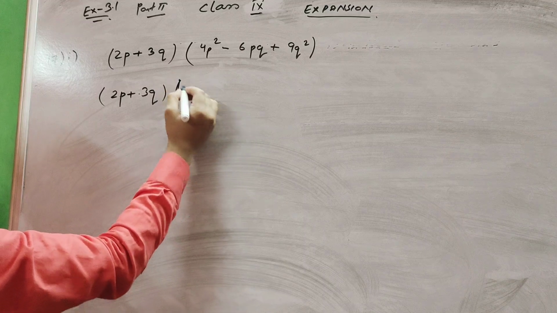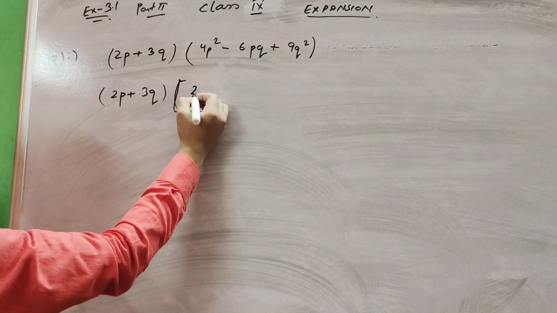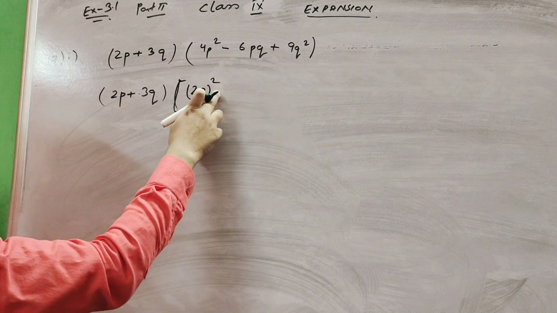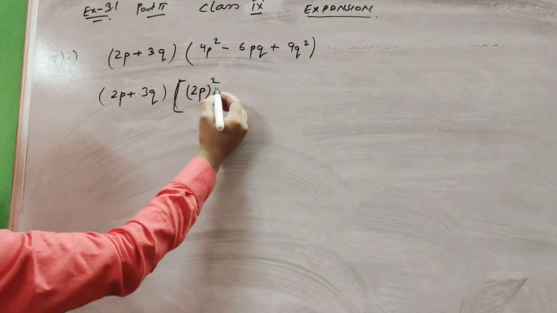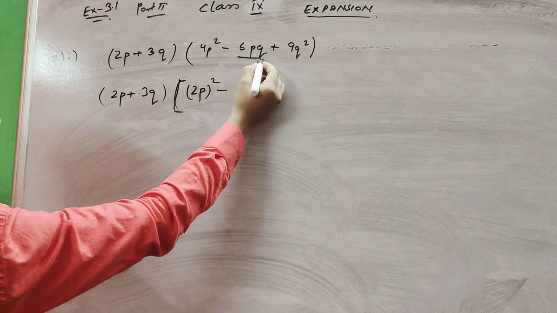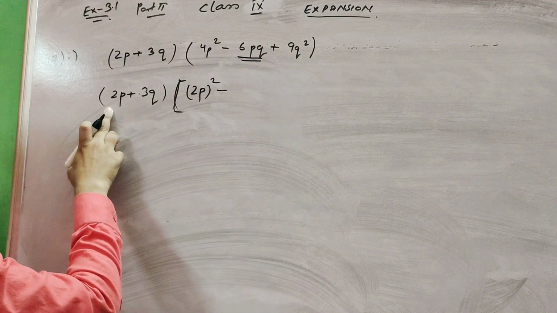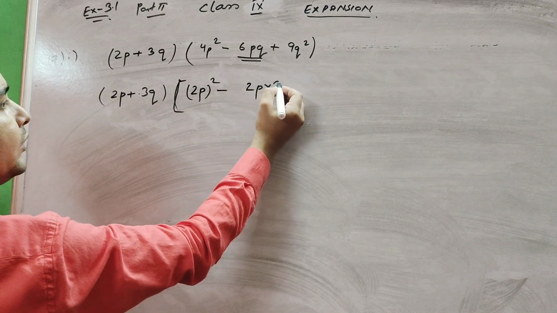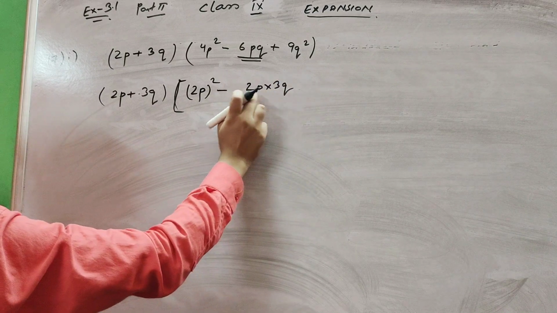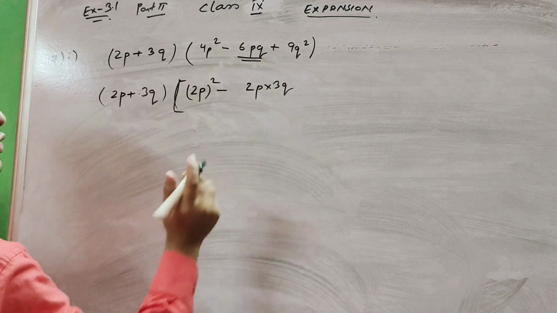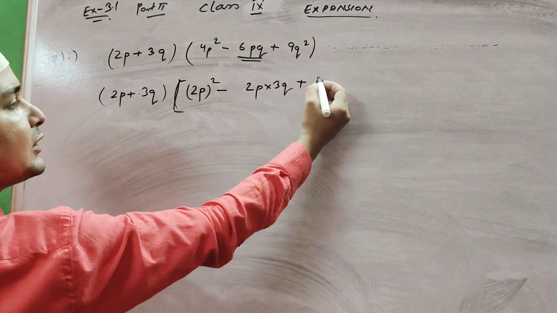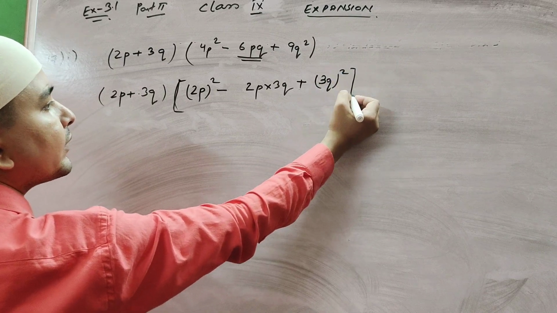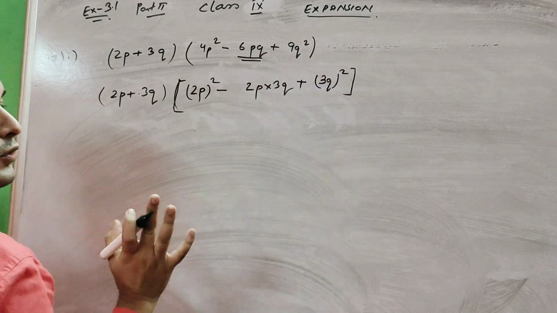In place of 4p square, you write 2p whole square, which when opened is again 4p square. Minus, in place of 6pq, because we see here 2p and 3q, that is 2p into 3q, 2 into 3, 6, p into q, 6pq. Plus, in place of 9q square, we write 3q whole square. 3 square is 9 and q square is q square.